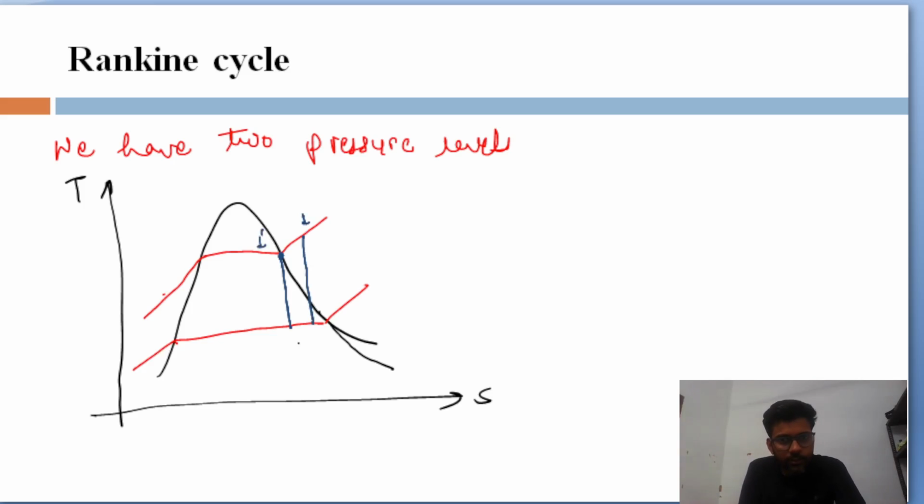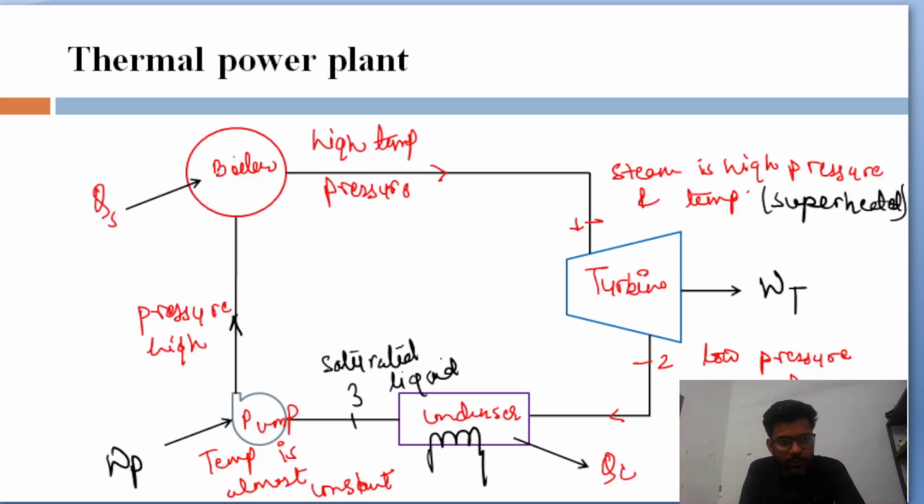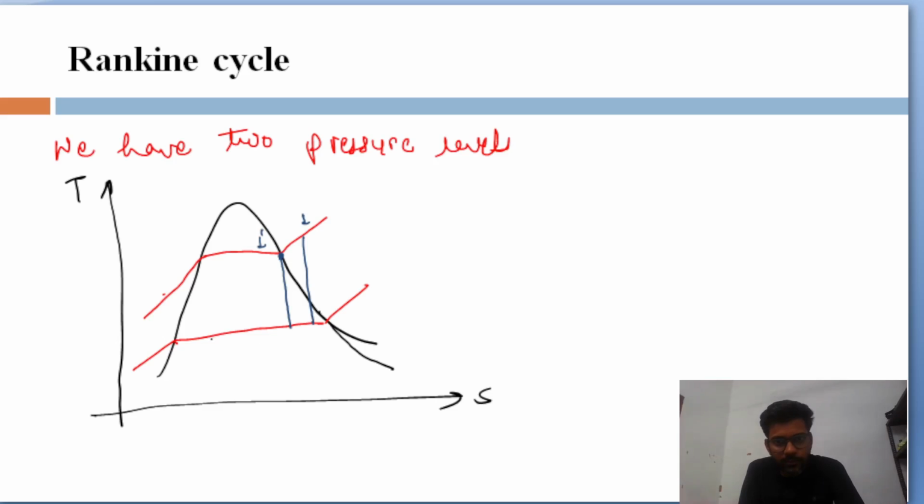Now 2 to 3 is the condensing process at constant pressure, and 3 to 4 is isentropic compression in the pump, and 4 to 1 is constant pressure heat addition in the boiler.